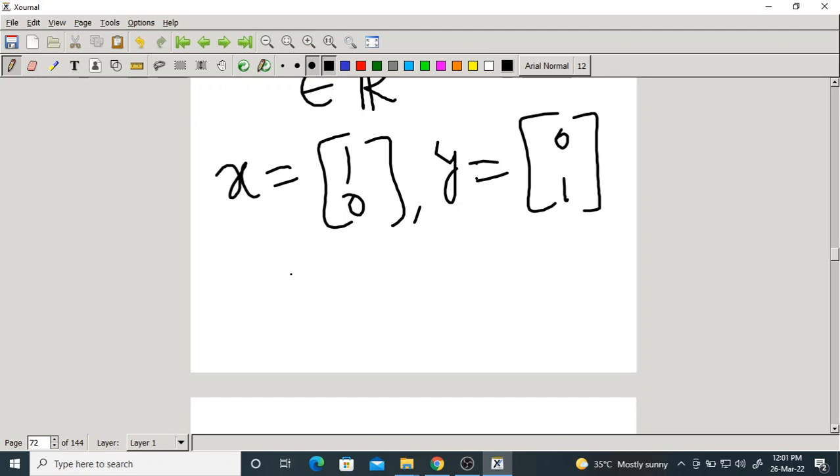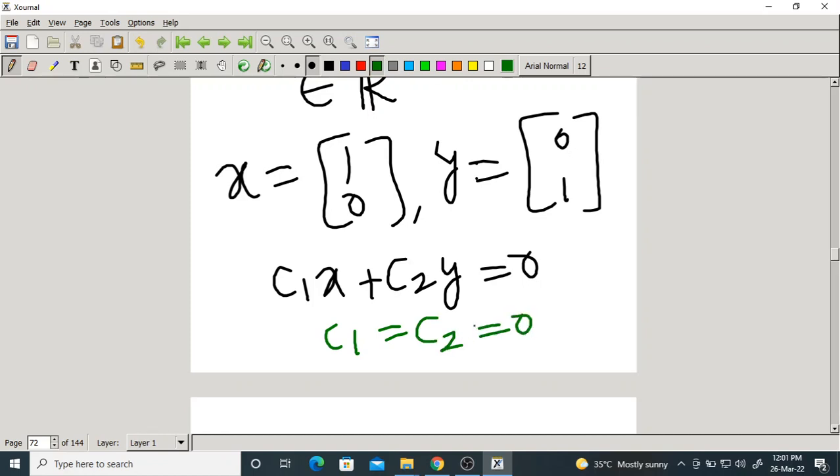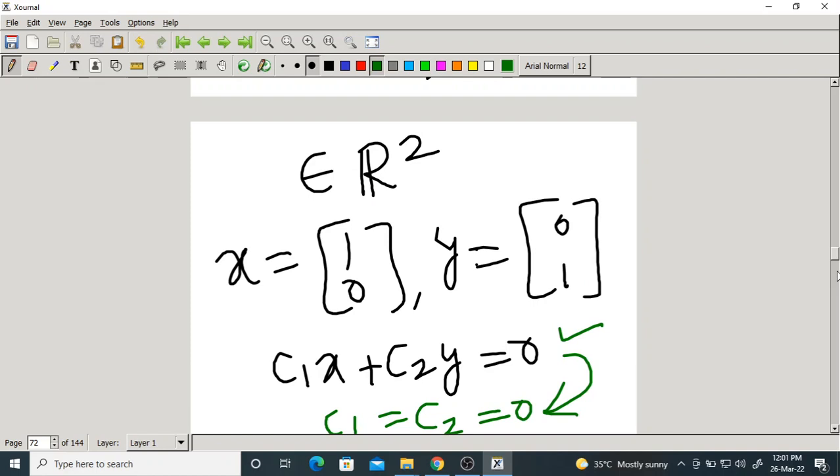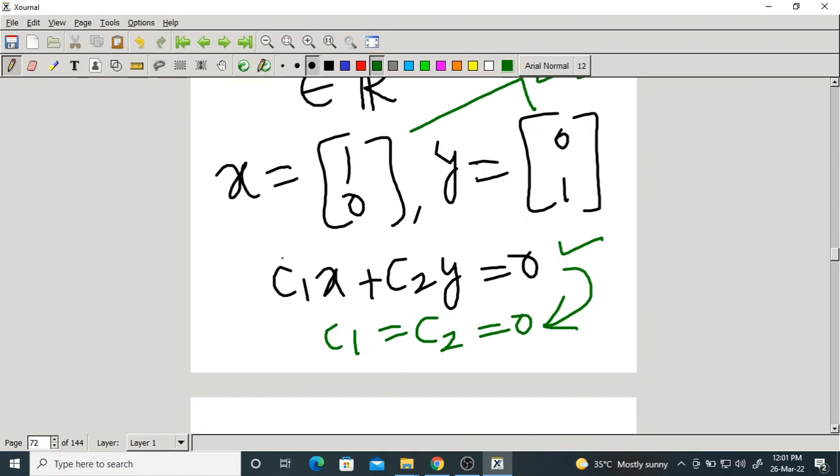Because c1x plus c2y equals 0 if and only if c1 equals c2 equals 0. For this equation, the only solution is this. Do you agree or not? That's why these two vectors are linearly independent, because you cannot find any c1, c2 values other than 0 so that this equation is satisfied.